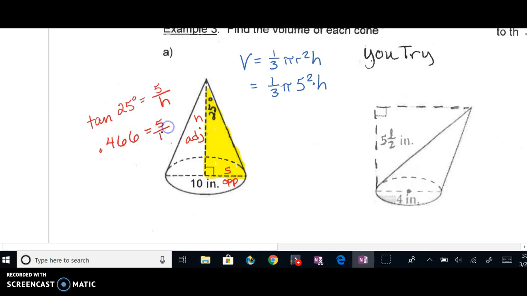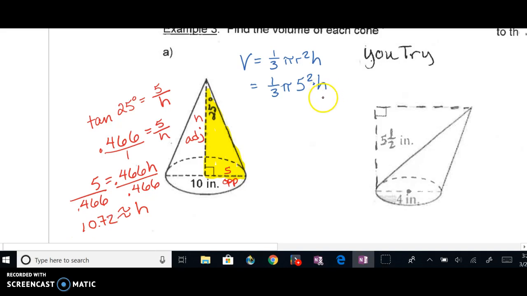So when I cross multiply, I get 5 equals 0.466h, or divide both sides by 0.466. And we get 10.7 for the height, approximately 10.72. So that is our height.